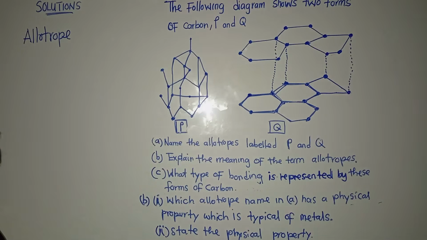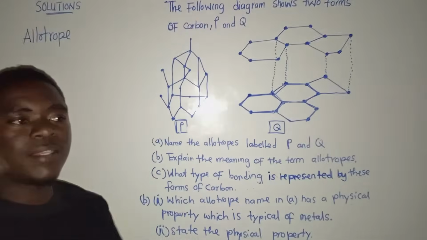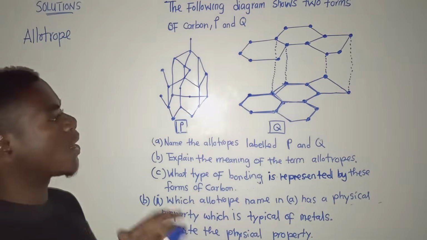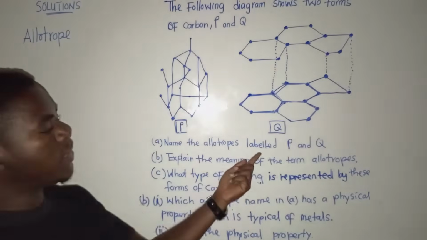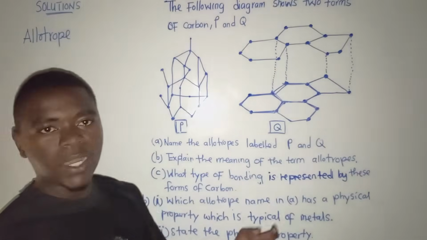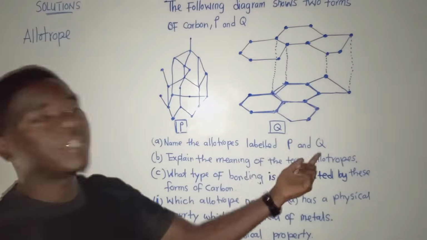The question says: the following diagram shows two forms of carbon, P and Q. Name the allotropes labeled P and Q.